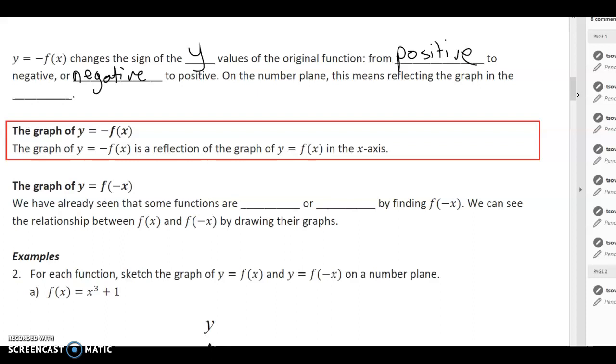On the number plane, this means reflecting the graph in the x-axis. So that's the summary there.